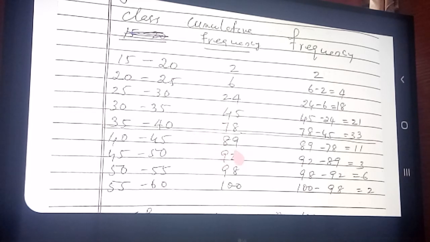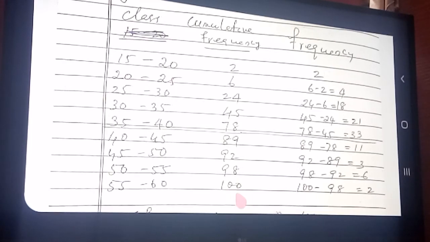Okay. Now see, first you have to find the median class. How to find the median class? Median class is the class in which the n by 2th frequency lies. Here, total frequency, how much coming? 100. 100 by 2, how much coming? 50. So where does 50 come?